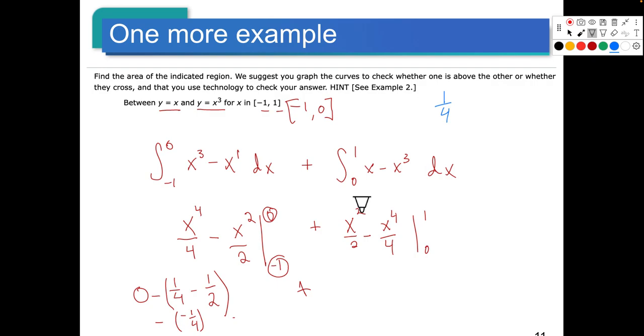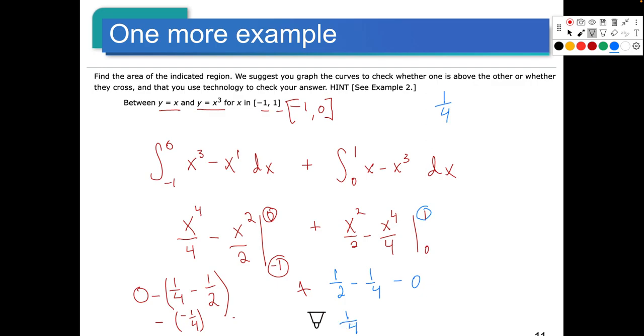Okay, now let's see if I can fix it. I need to do the 1 first, so I plug in 1. 1 squared is 1, so I get 1/2 minus 1/4. And when I plug in zeros, I get zeros, so I subtract 0. 1/2 minus 1/4 is 1/4, right? 1/2 is 2/4, 2/4 minus 1/4 is just 1/4.